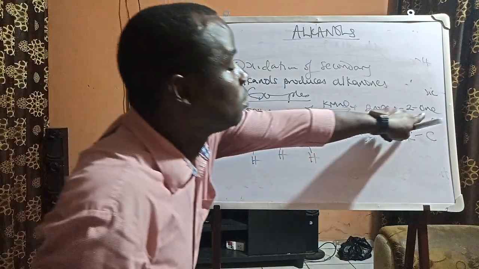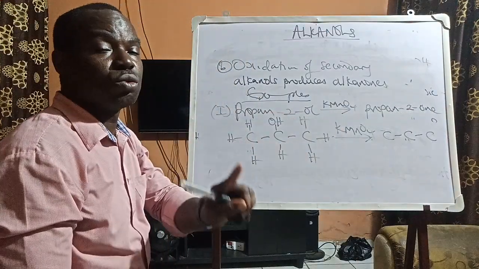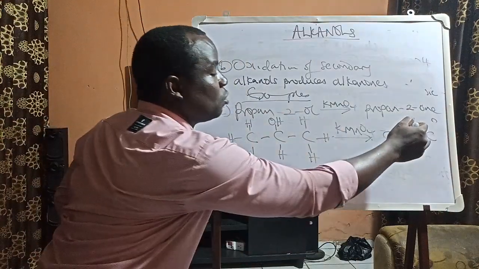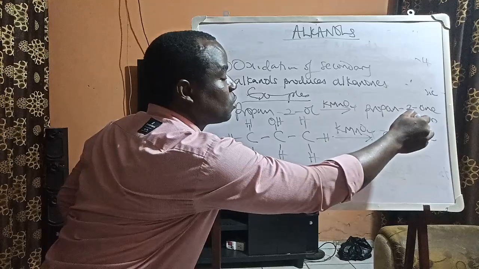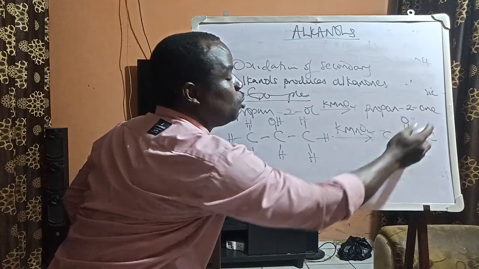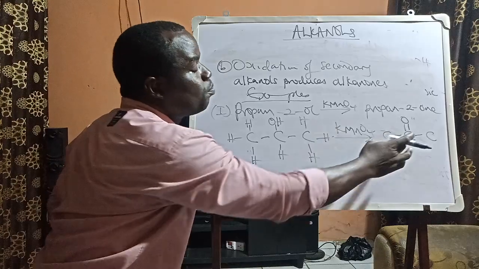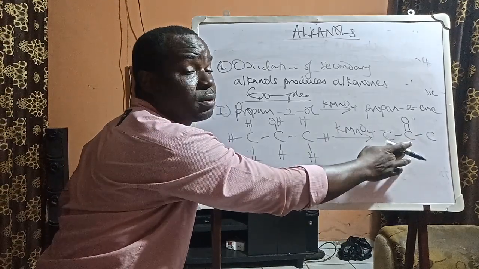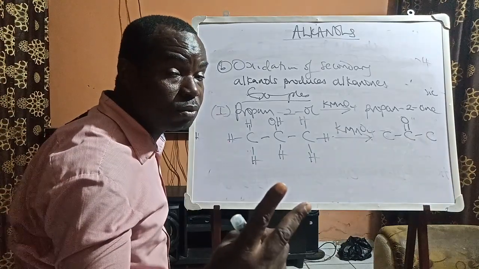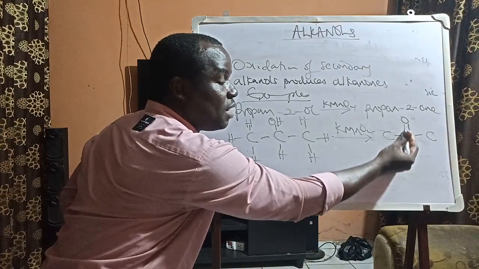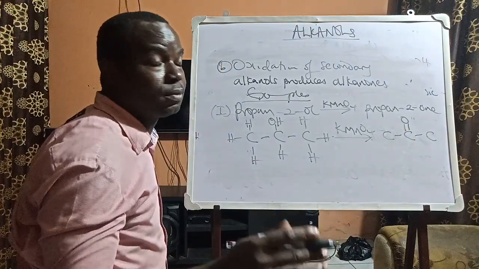Now on, pay attention. On means put O on carbon number 2. The 2 is because we have 2 here. So on means put O on carbon number what? 2. This O you are seeing here is what we call on.